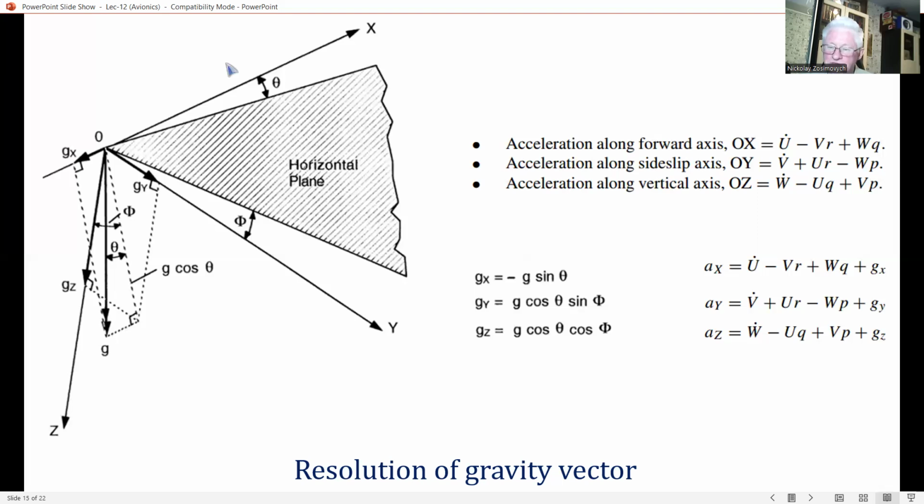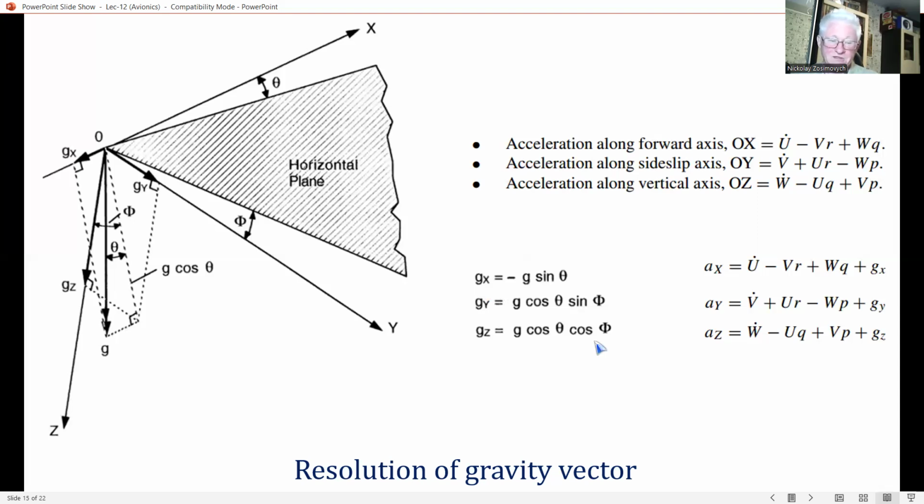So referring to this figure on the left, it can be seen that the gravitational acceleration components G sub X, G sub Y, and G sub Z respectively may be expressed as you can see in this simple equation.